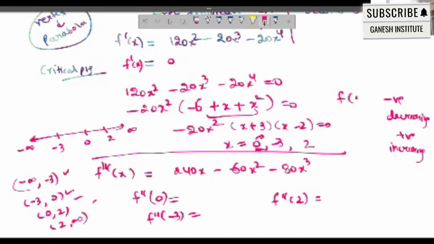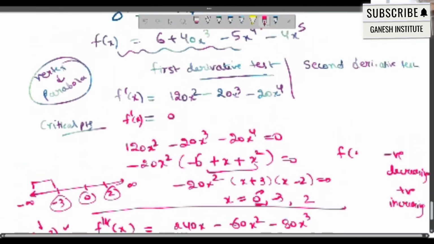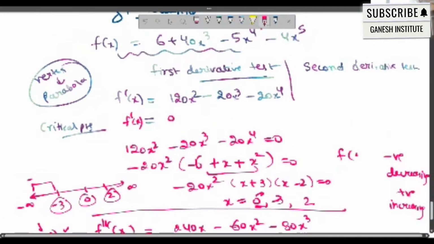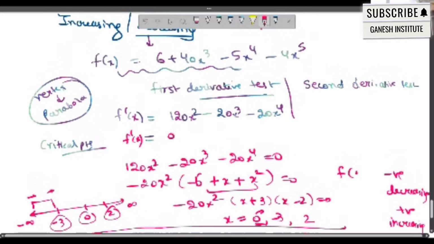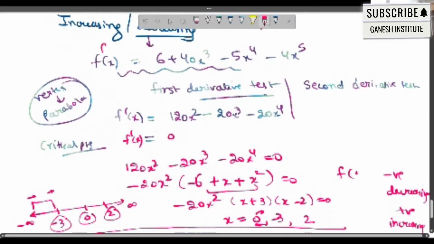Ma'am, I did not understand the interval, how? Achha, suppose if I am putting here any, okay, I found the critical points, all these three. So I have divided into intervals the values of x from minus infinity to minus 3. Consider any of the points from minus infinity to minus 3. Let's say -4, and substitute here.